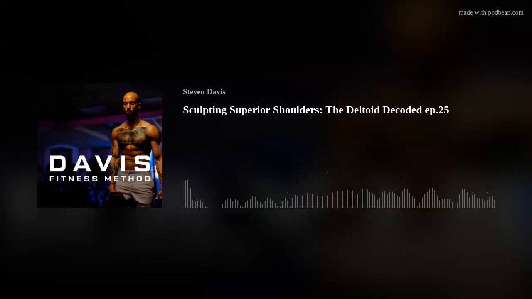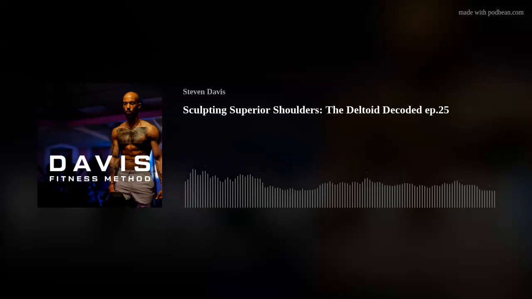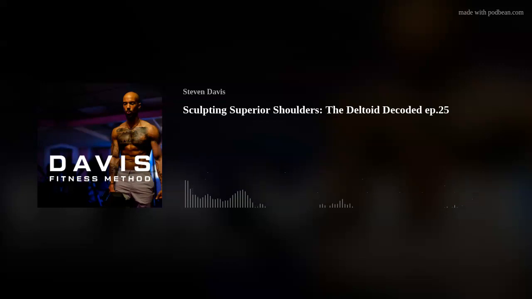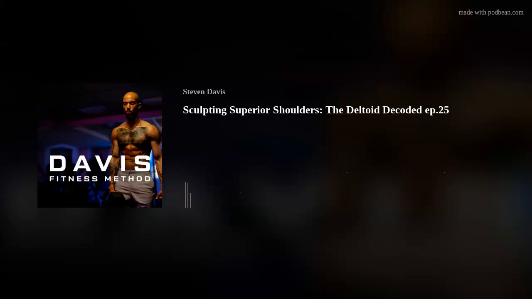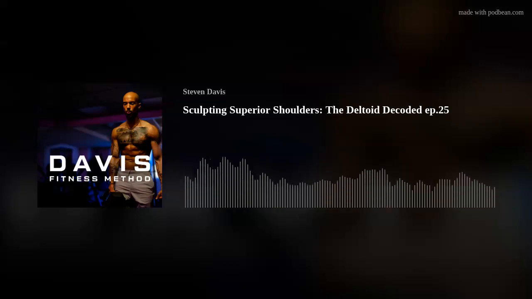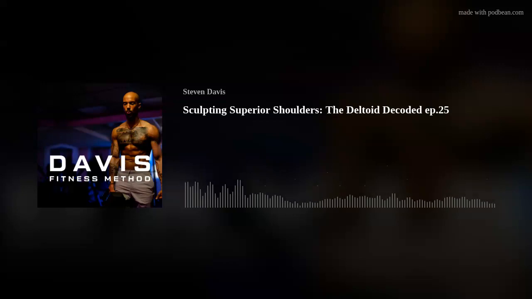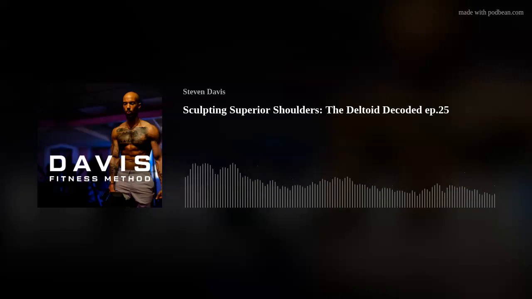For example, a lot of people doing bench press, and I get that this isn't a chest podcast, but I'd be remiss not to mention the shoulder on a bench press because that's when a lot of people notice pain in their shoulder. Let's say I'm doing my bench press. If I have scapulas that are going forward, but elbows that are going backward, I'm probably going to get anterior shoulder pain, right?